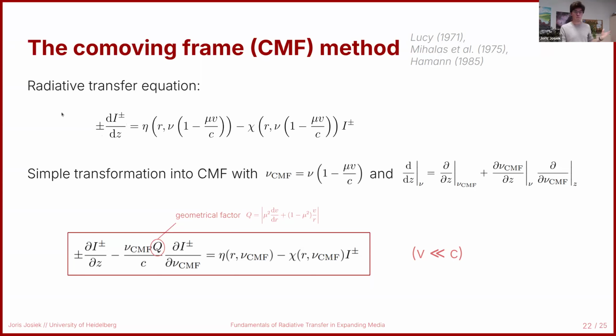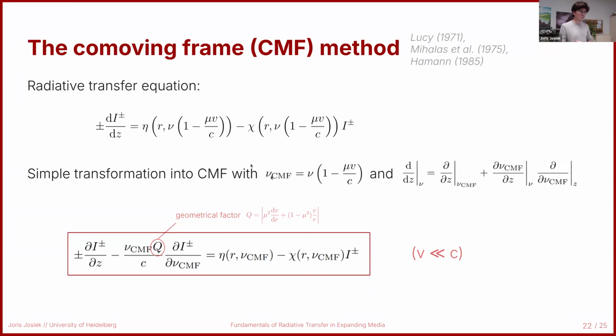So we go way back to the radiative transfer equation and write it in a slightly different way, namely in the comoving frame. So we have the emissivities and opacities, and these are dependent on the local frequency as seen by the atom. So this is the frequency nu, but Doppler shifted into the local frame.